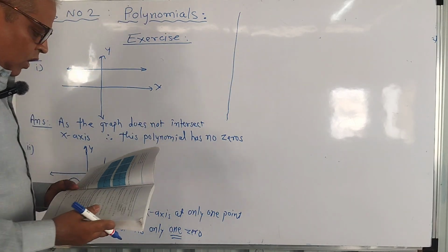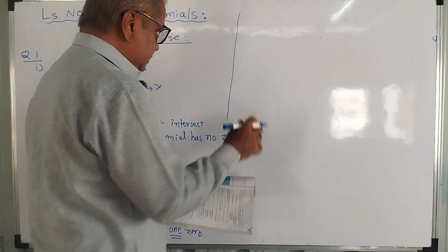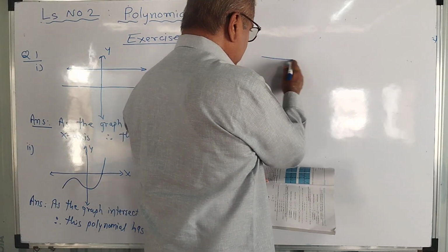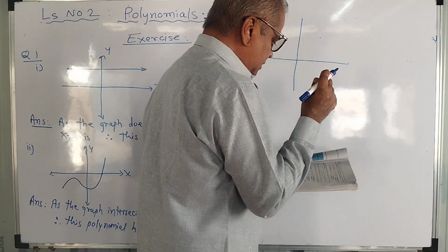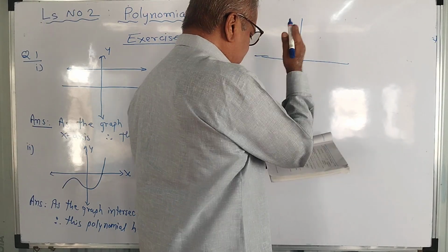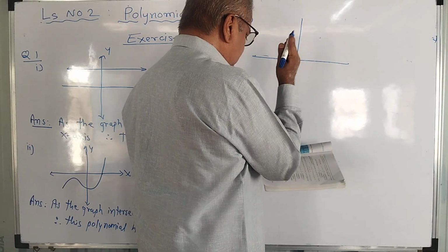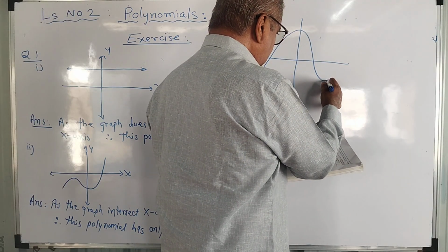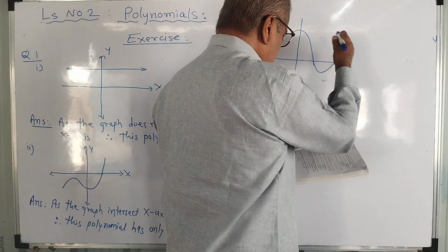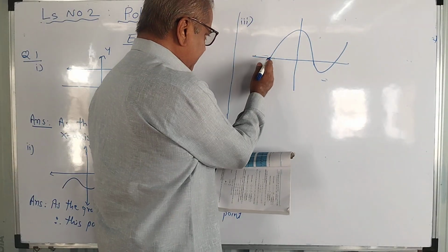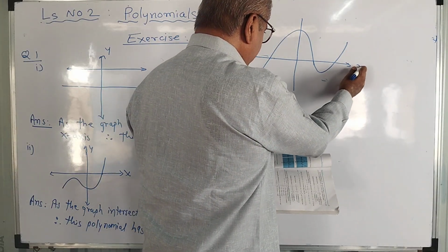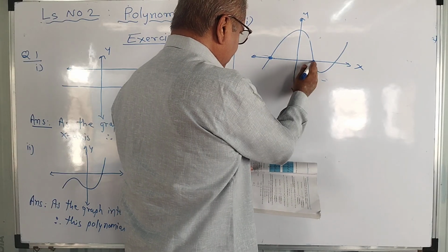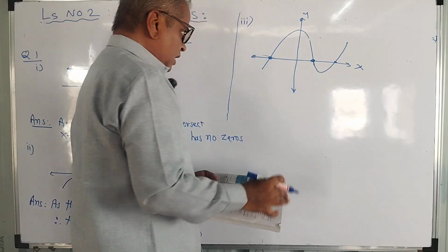We will see other graphs. Sub question number 3. This is like this. See, this graph intersects the x-axis here, here and here.